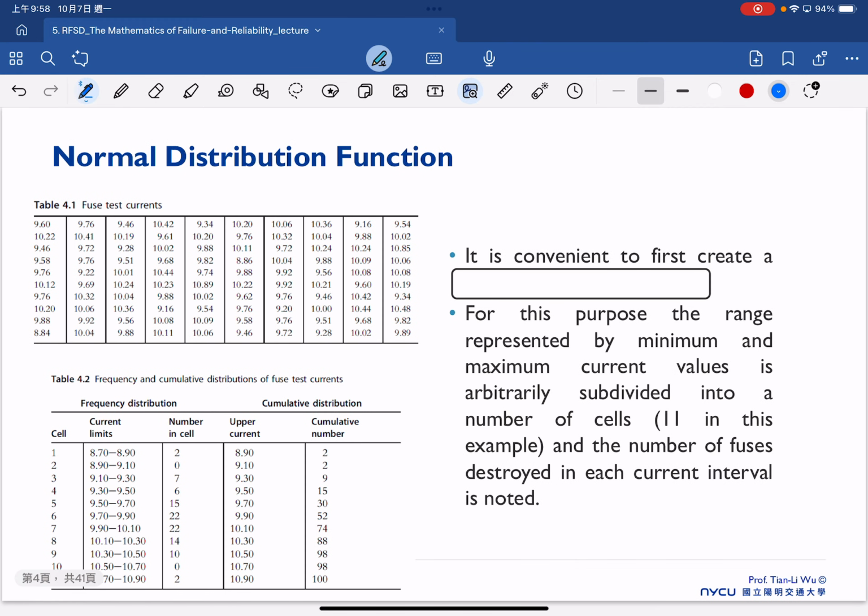Actually the concept is pretty easy. This is the table we already had in the previous slide. But now it is convenient to first create what we call the failure frequency distribution.